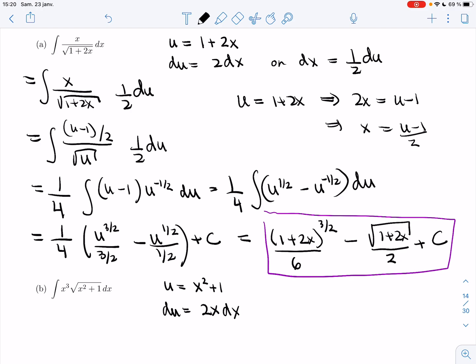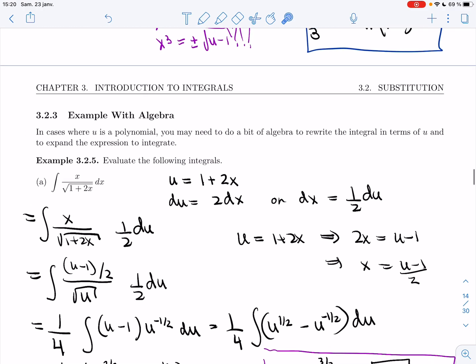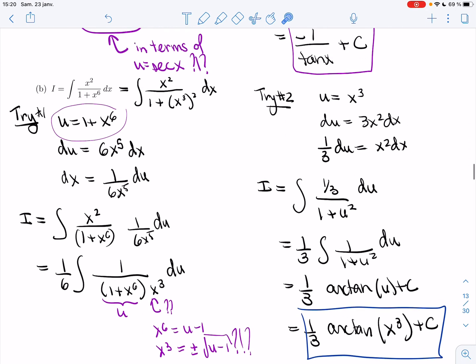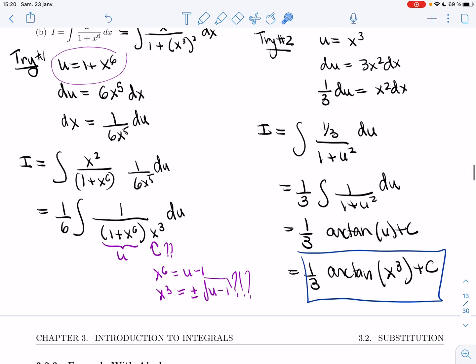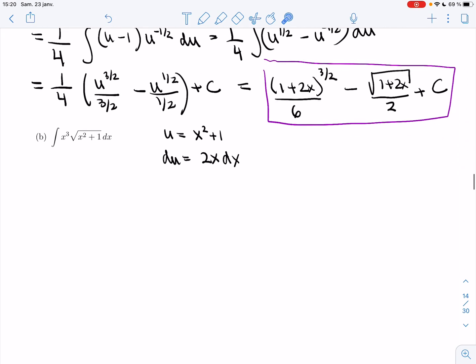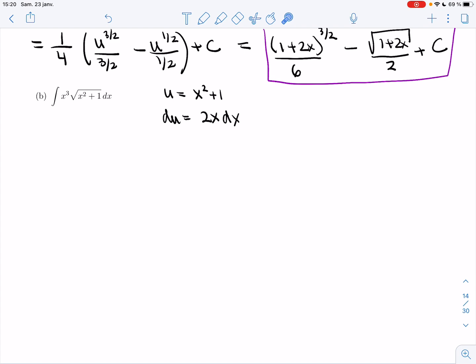So I don't have the right power, and in the past that hasn't worked out well for me. In this case, I had x to the 5, I wanted x to the 5, but I only had x squared, and it turned out that there were extra terms that I couldn't rewrite. And so here we'll get extra terms as well, but hopefully we'll be able to rewrite them in terms of u.